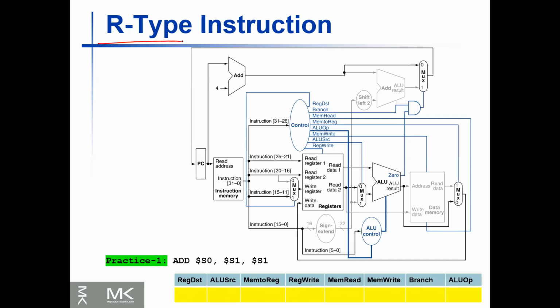The instruction is add S0, S1, S1. You have to perform this. Now you have to tell the 8 control signals, 1, 2, 3, 4, 5, 6, 7, 8. For the ALU opcode also, you should tell what the ALU is performing here, which type of operation is going to be performed.